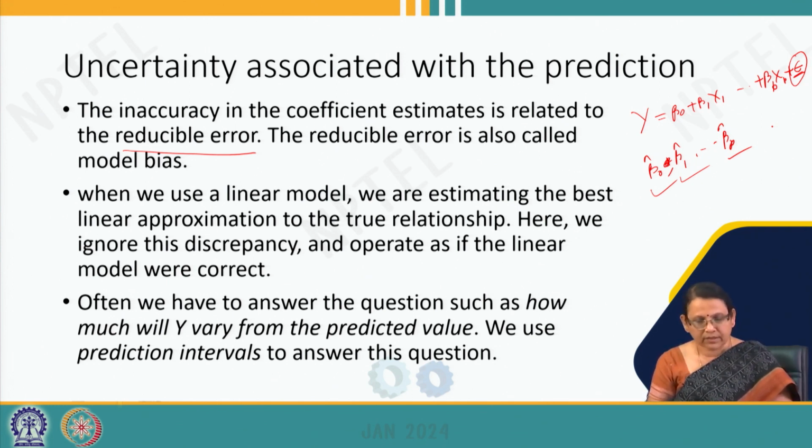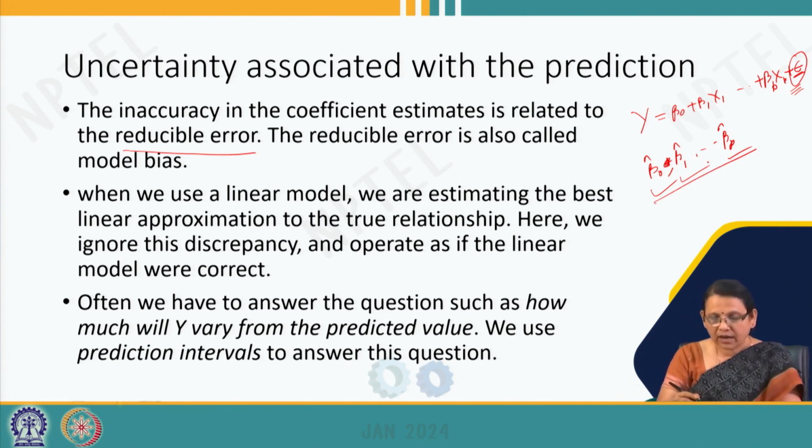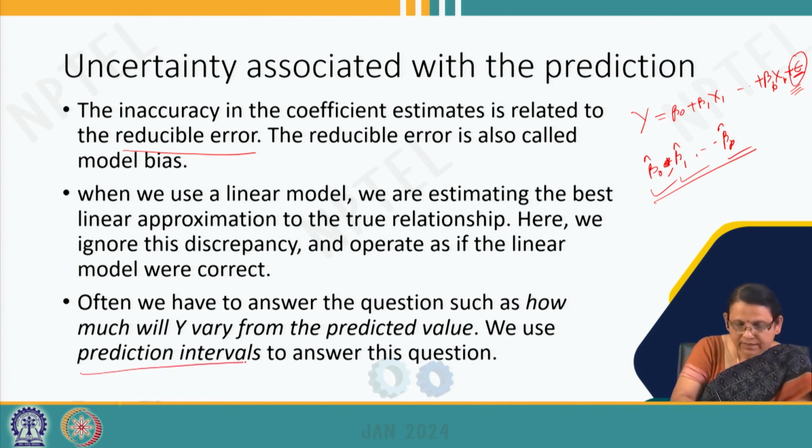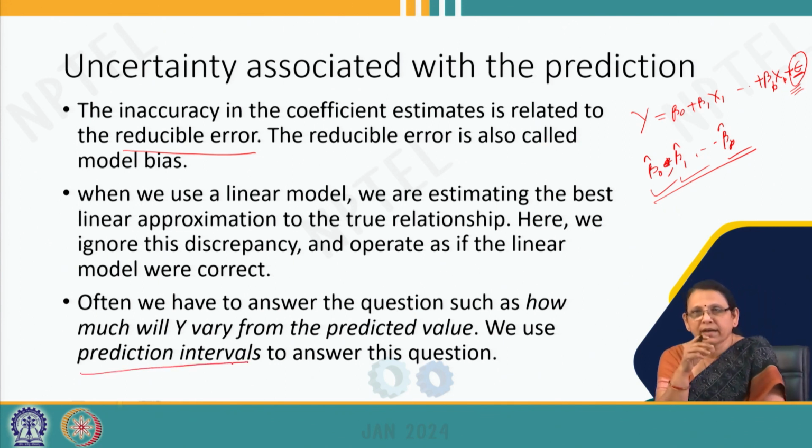To understand how well we are taking care of this irreducible error or this estimation, we ask some questions related to the prediction interval. This prediction interval typically will be a little larger than the confidence interval.